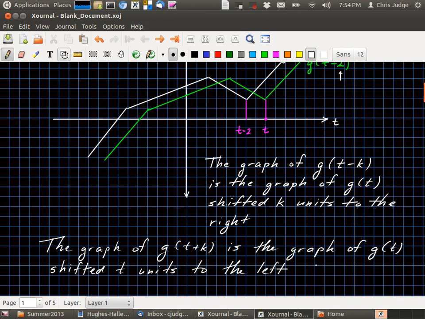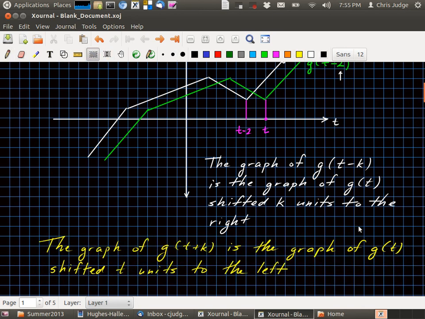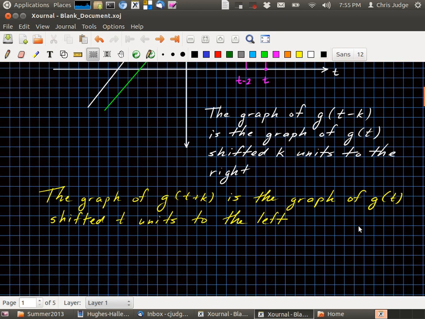Okay, so shifting to the left corresponds to adding a positive number, that positive number that you want to shift by. Shifting to the right means subtracting the positive number you want to shift by. Let's look at an application of this latter rule to a particular example.